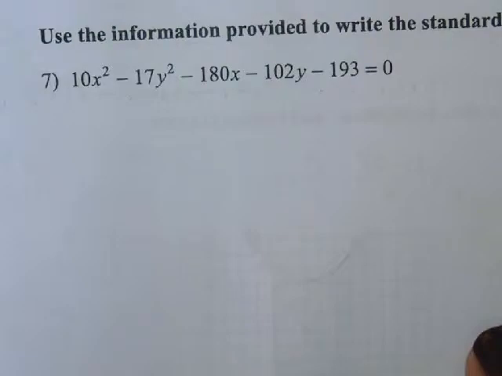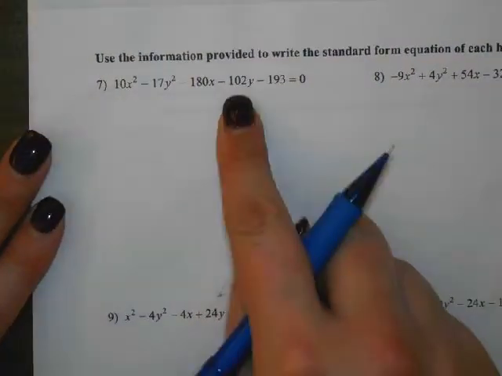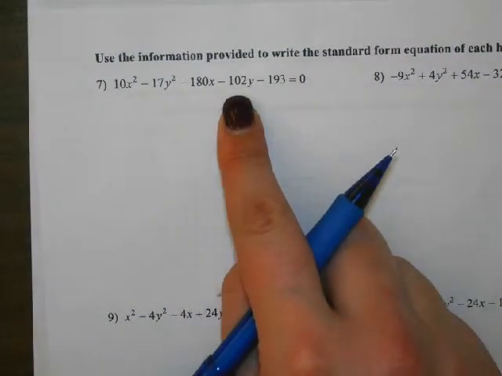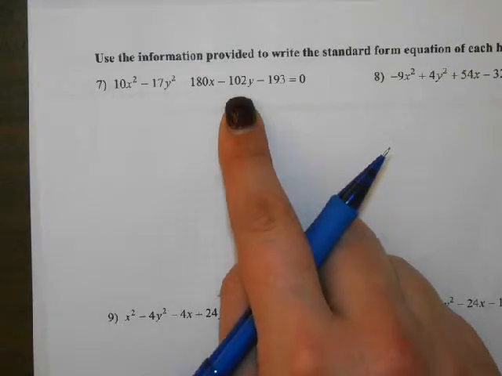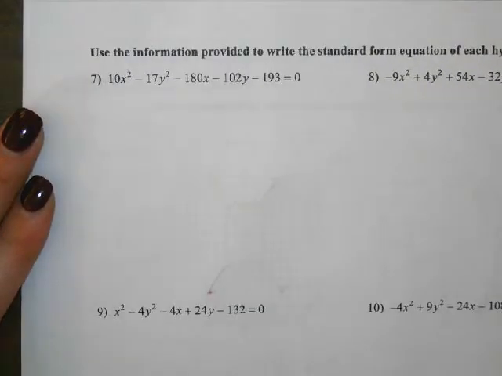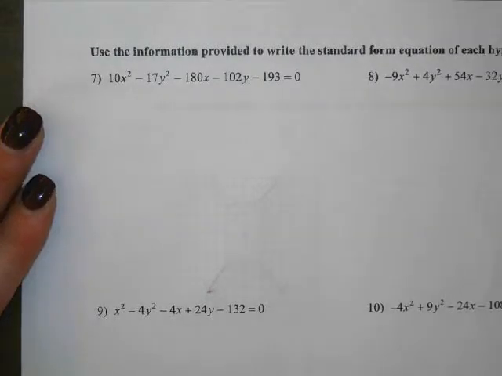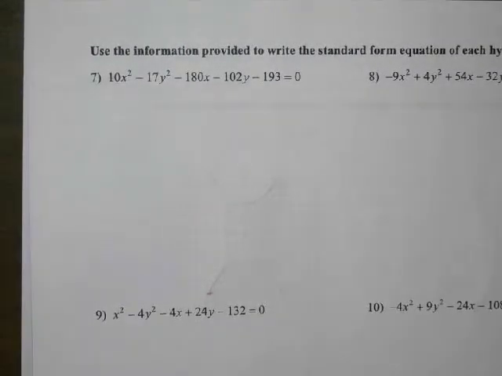So I don't know if you guys remember, when we were looking at problems like this, how we could tell the difference between a circle and an ellipse? Anyone remember the difference? It had to do with the squared terms.